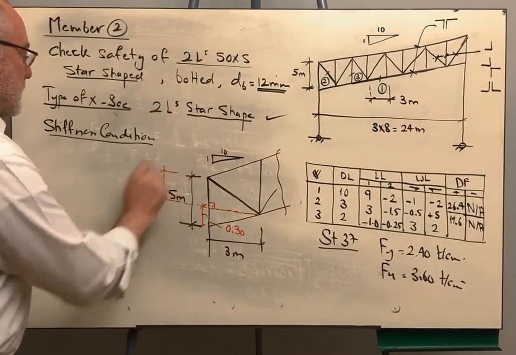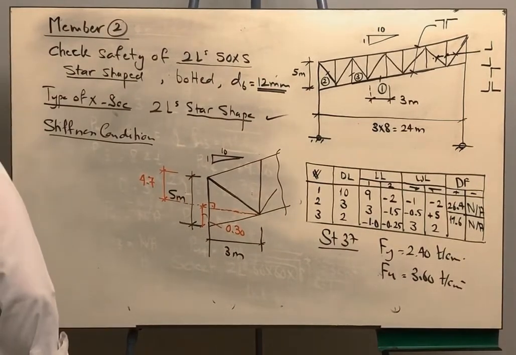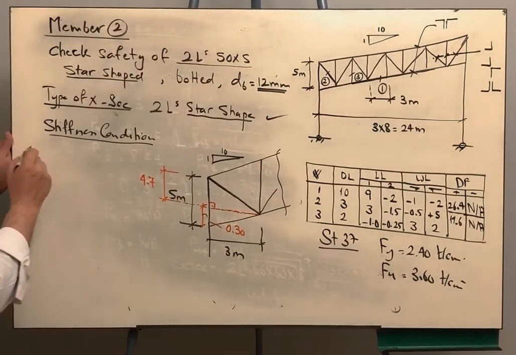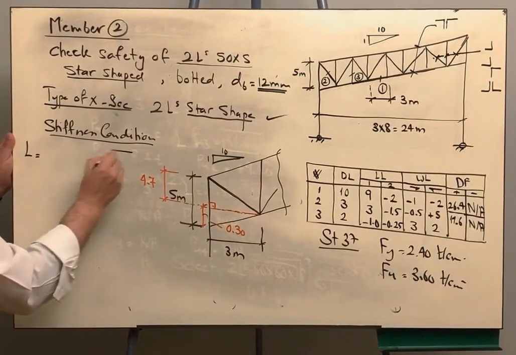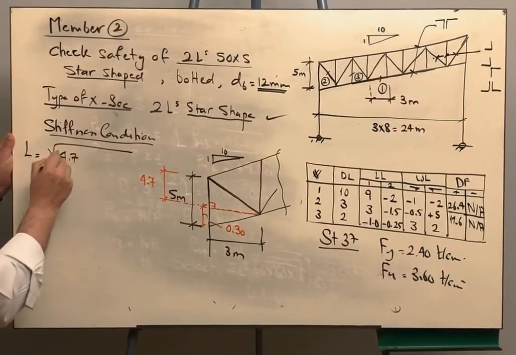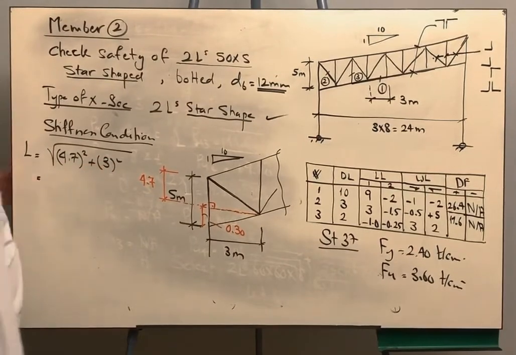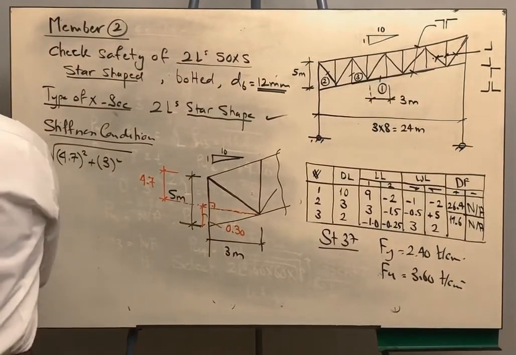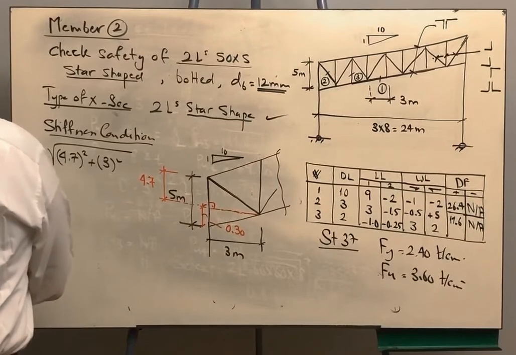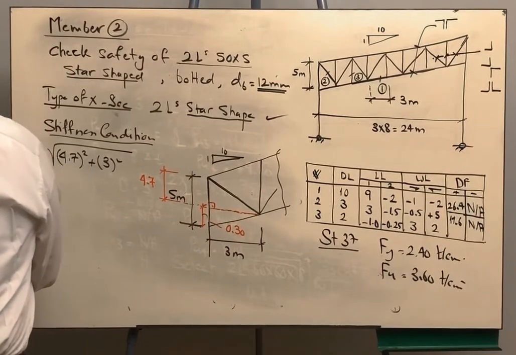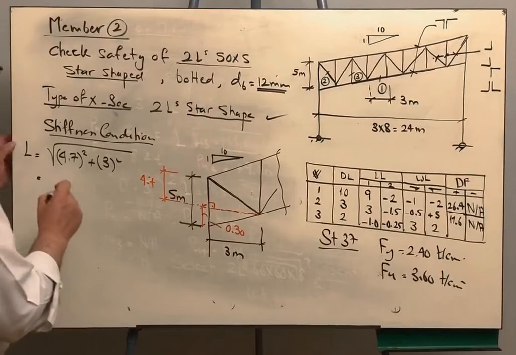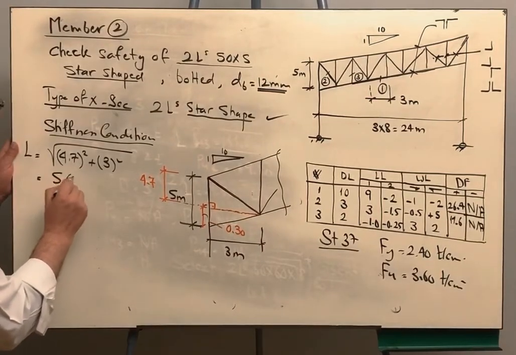Therefore you can say here that the length is equal to root 4.7 squared plus 3 squared, and if you did this, then you are going to get the length 5.6 meters.